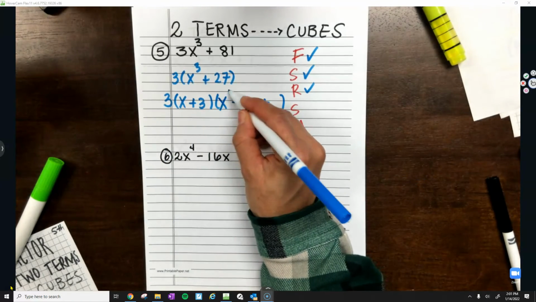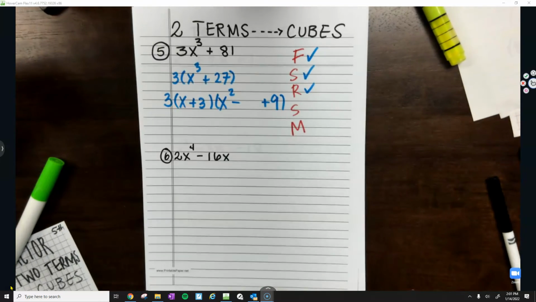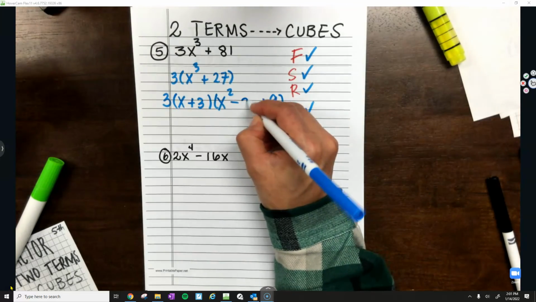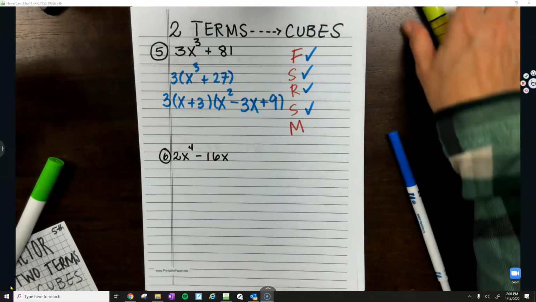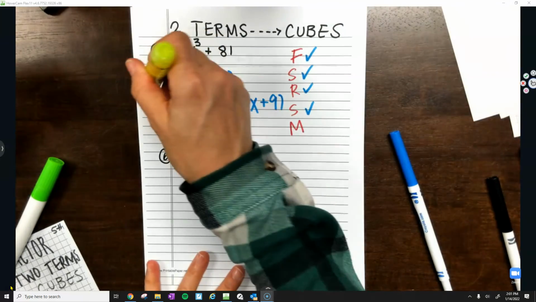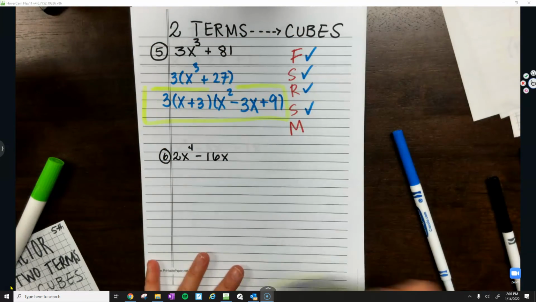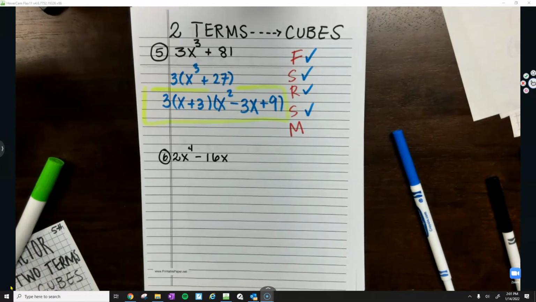X squared, 3 squared. Do y'all remember what goes in the middle? Yeah, you just multiply them and put it there. And the good news is you don't have to check to see if you can keep going. Once you factor out a GCF and have completed these steps, it is completely factored.